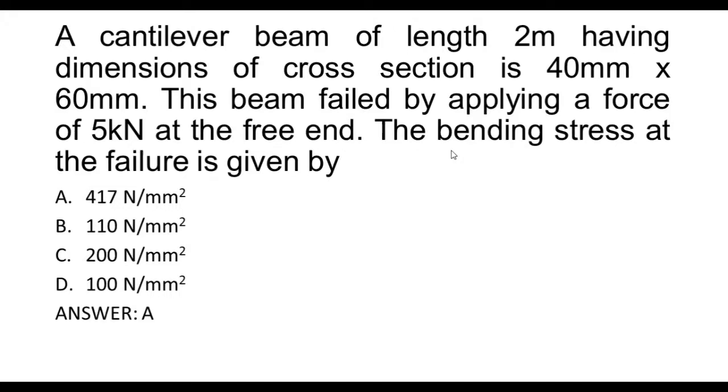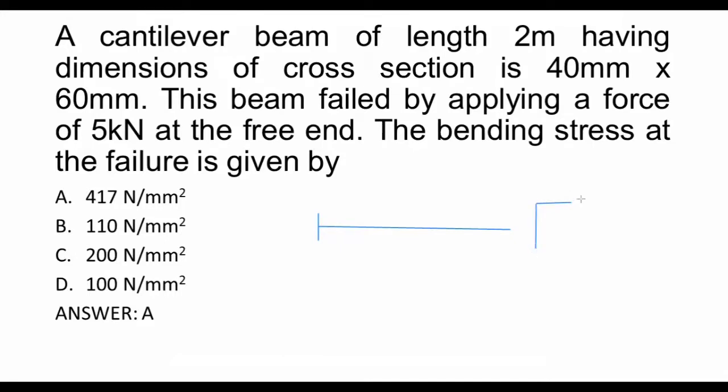Okay, so let us draw a diagram. What does it say? A cantilever beam. Its span is of 2 meters. So this is a cantilever beam, and its cross section is 40 by 60.